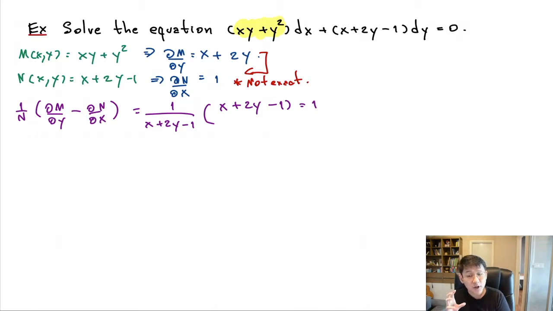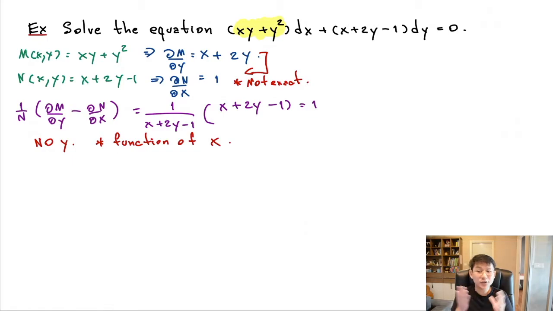If it's a constant, it means that there's no y. Can I say that it's a function of x? The answer is yes. Because there's no y, I can say it's a function of x.